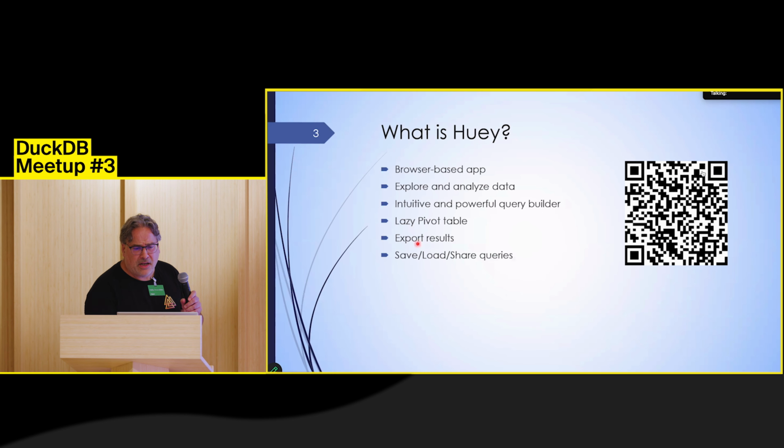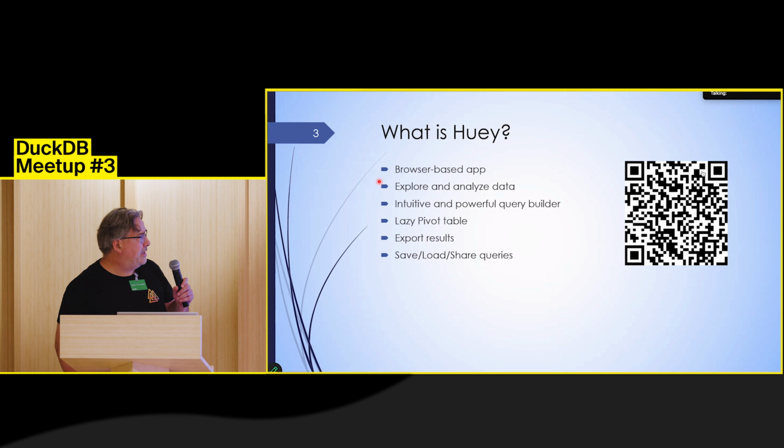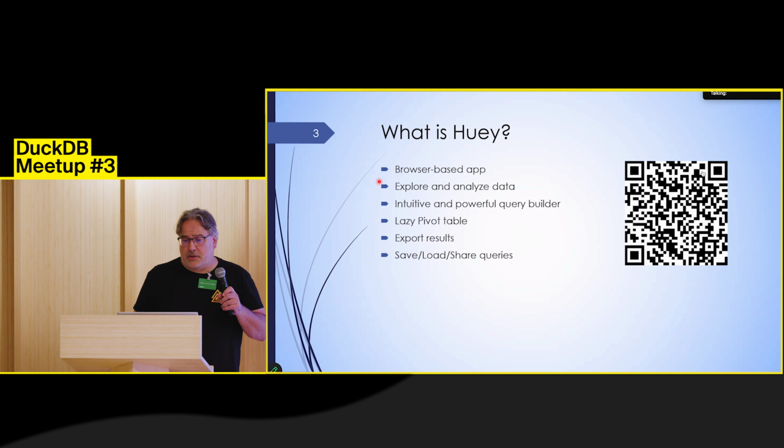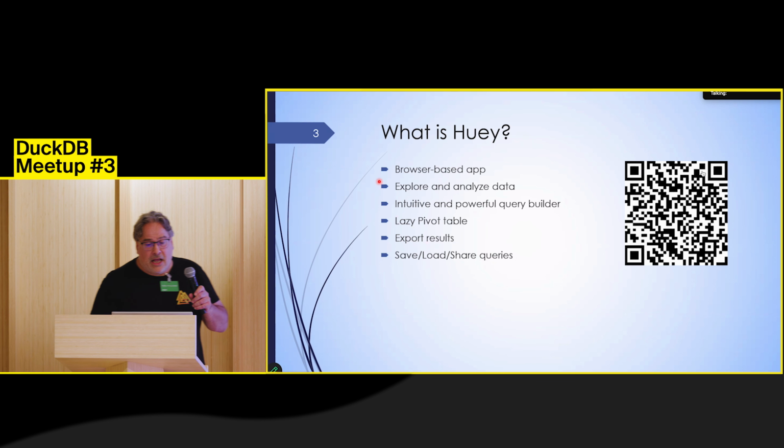Let's get started. So what is Huey? I put up a QR code. That's basically the GitHub repository for Huey, because Huey is an open source browser-based app that allows you to explore and analyze data.